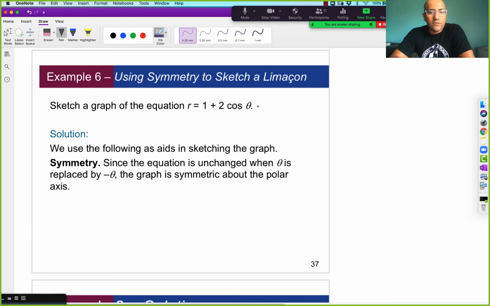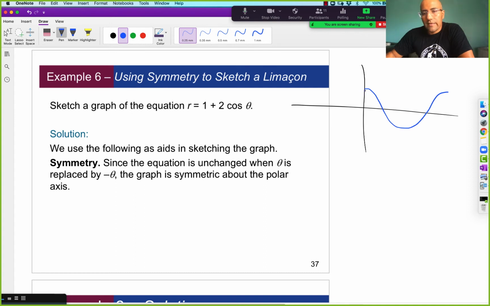How do they know that that's true? Well, just remember, if we have our sketch of a cosine function, it looks like that, right? And it extends this way, of course. So that means that if I put an angle in here that leads to there, then negative a is going to lead to the same thing, right?